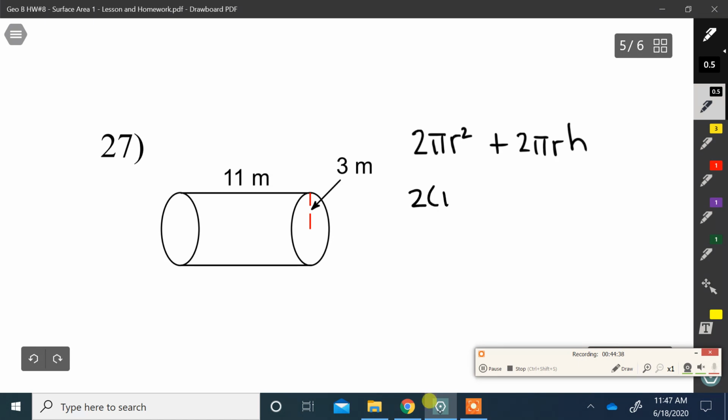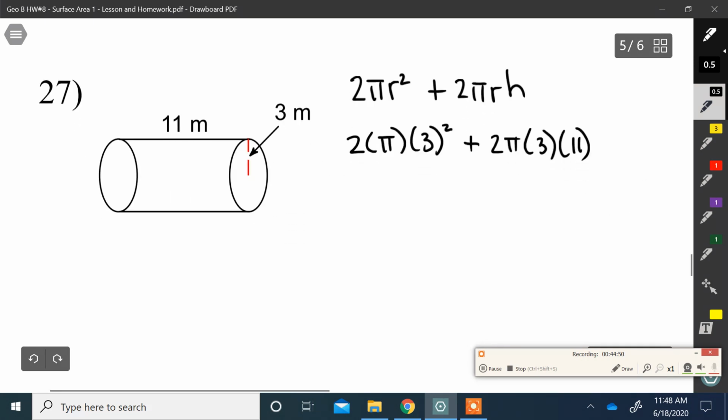So 2 times pi, the radius is 3, plus 2 pi times the radius, which is 3, times the height. When you multiply all of that together and add them, you should get 263.9.